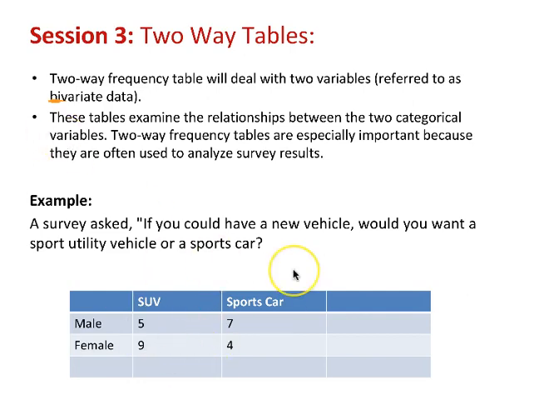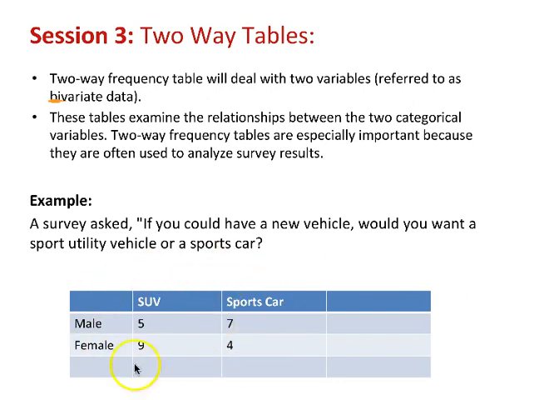So here's an example down below of a two-way table. We are comparing 2 sets of variables or bivariate data. So if we were to ask a group of people and divide that group of people into males and females, those would be our 2 categories, whether they would prefer to have an SUV over a sports car, and then for each category of males and females record the answers.